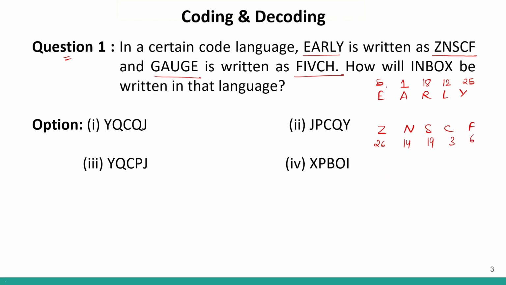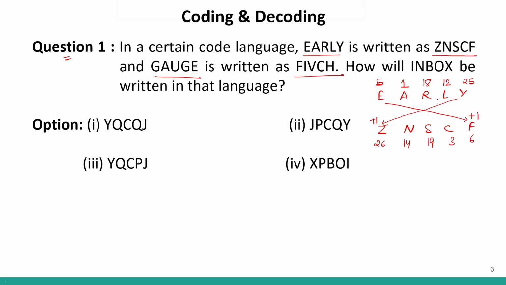Now, I cannot see a relationship between 5 and 26, 1 and 14, 18 and 19. But if I move in a different pattern, I can see a relationship. For example, if I move from Y to Z, there is an increment of 1. We are moving one position forward. Similarly, from E to F, we are moving one position forward.